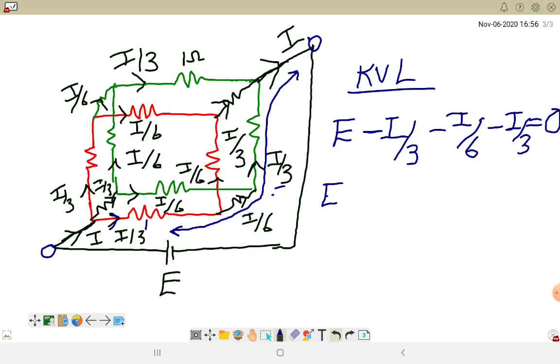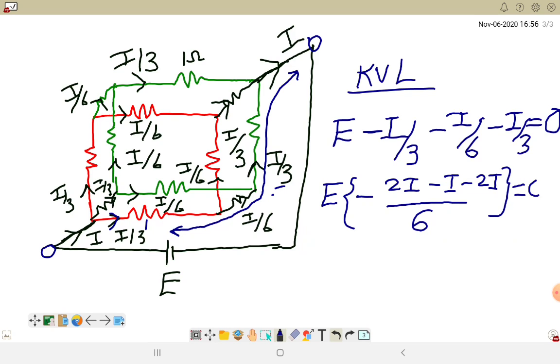Now E minus, what is the LCM? That is 6. Here 2I minus I, again minus 2I equal to 0. So what is E?